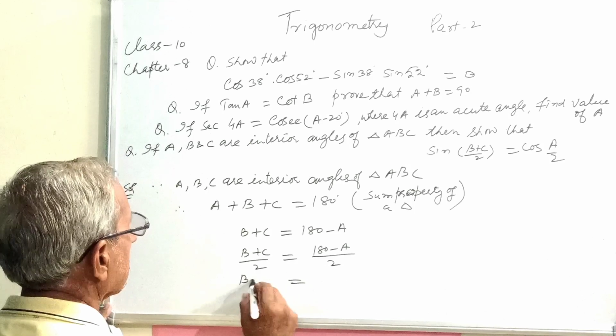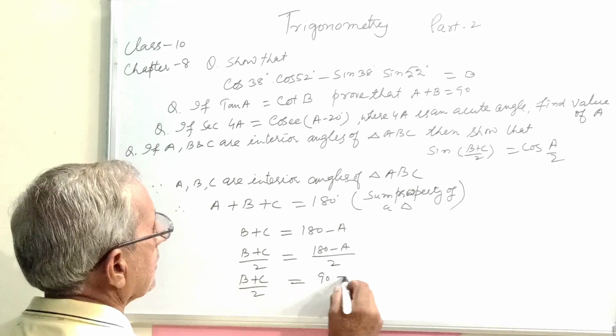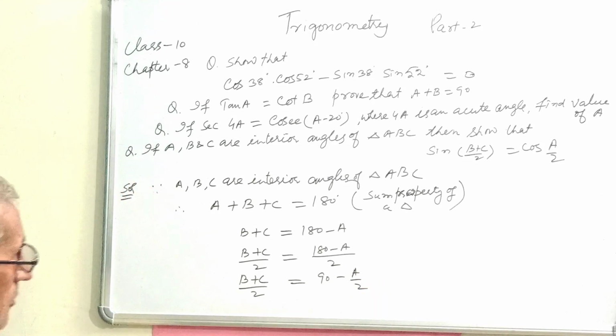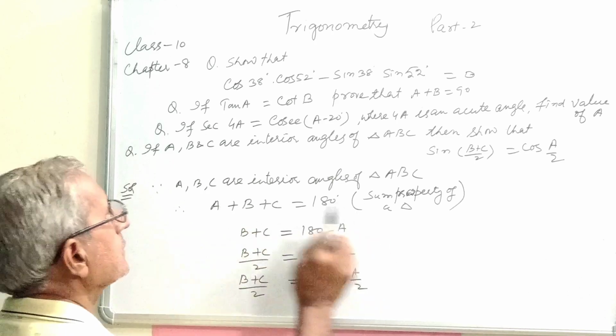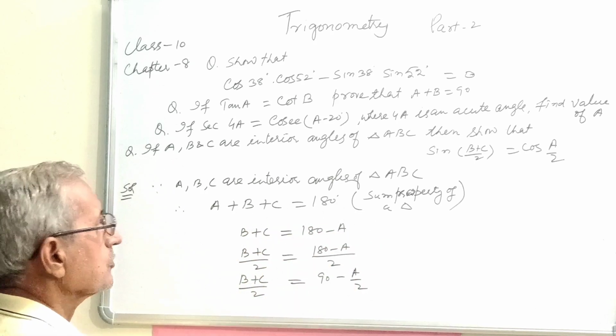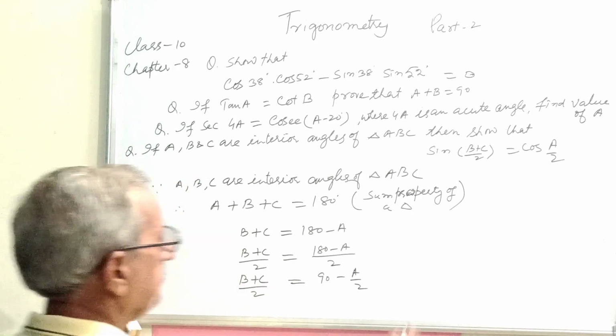So B plus C divided by 2, that is 90 minus A upon 2. So both sides, left and right hand side, both were divided by 2. So write sin on both sides.